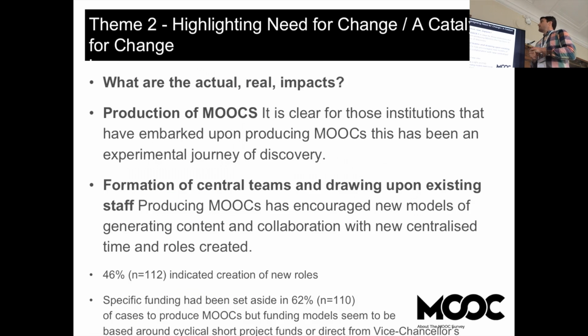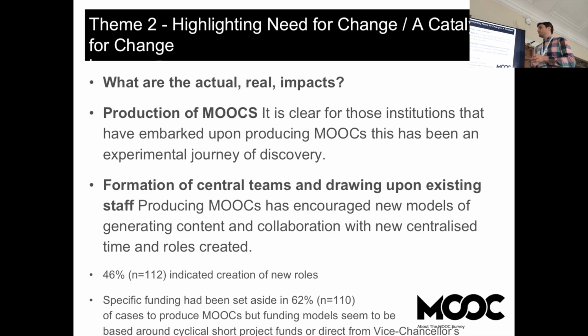But what are the real impacts? This is collated from the interview data as well: for most institutions it's been a kind of discovery journey. The actual production of MOOCs has been a process of reorganising, finding the best way to do it, perhaps doing things in a way they hadn't done before.